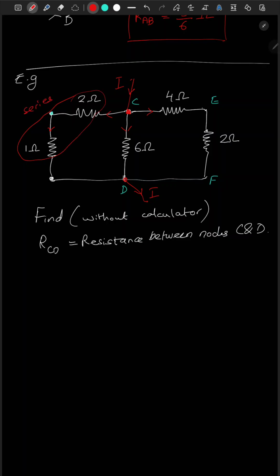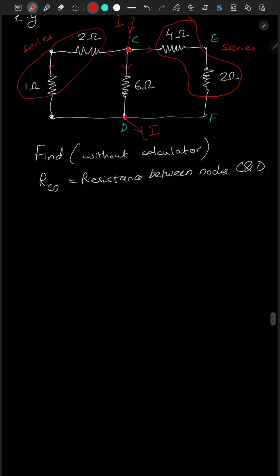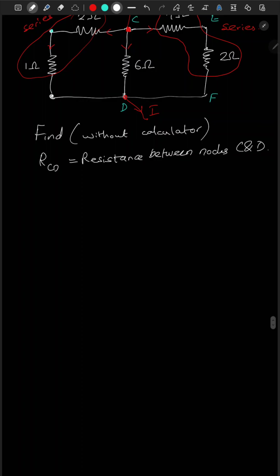Because the same current flows through the 4 ohm and the 2 ohm resistor, this is in series. So we just have to add and simplify the diagram. Let me simplify the diagram.